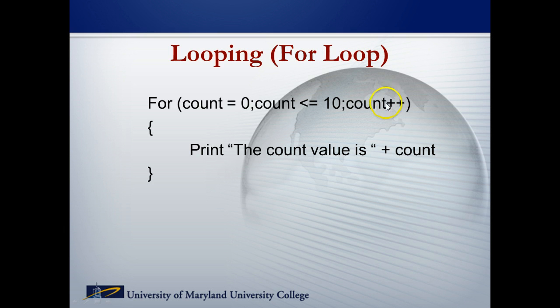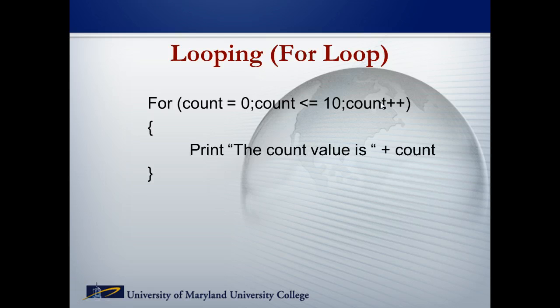The first phase sets the value of the variable count to 0, and then the next phase tests whether the value of count is less than or equal to 10, and then it adds 1 to the value of count.